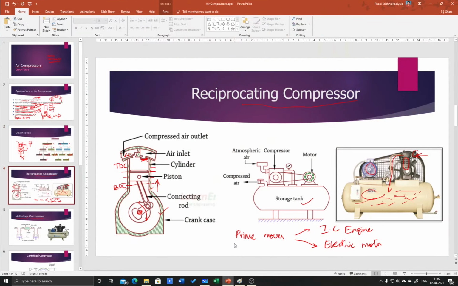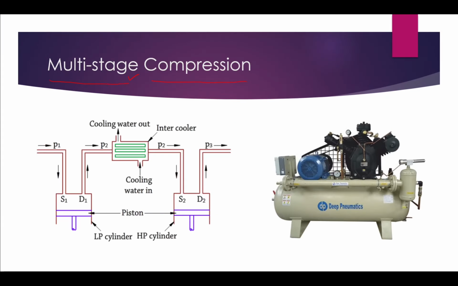If you move to multi-stage compression, here what happens is, we have seen that, say if you draw the PV diagram, it is like this. So this is the P1 pressure point here.